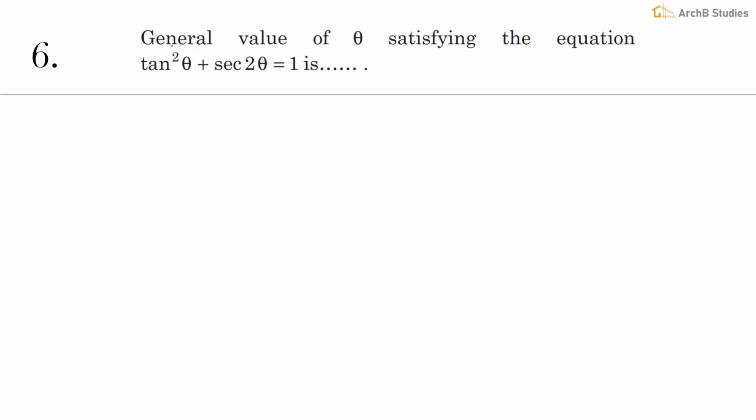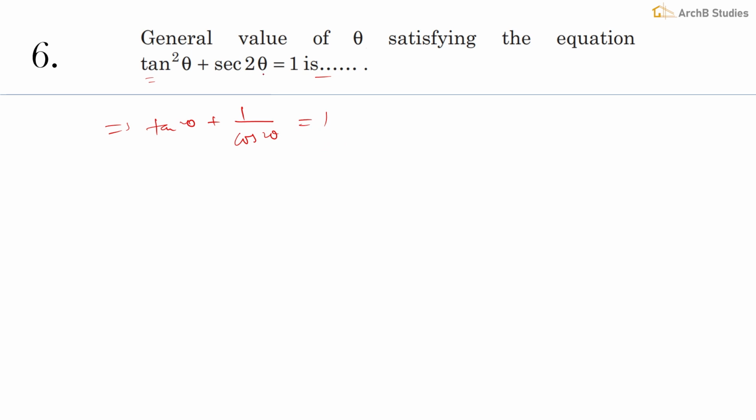Sixth question: the general value of theta satisfying the equation tan square theta plus sec 2 theta equal to 1 is. Simplify this and make it in the form of tan square theta plus 1 upon cos 2 theta equal to 1.